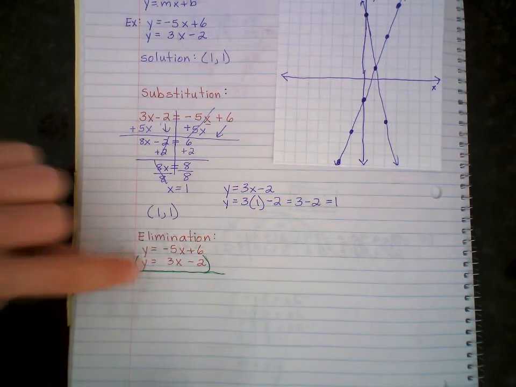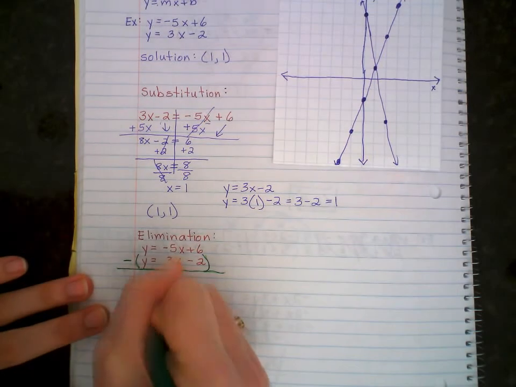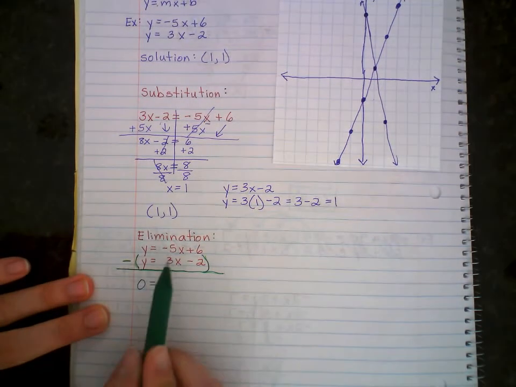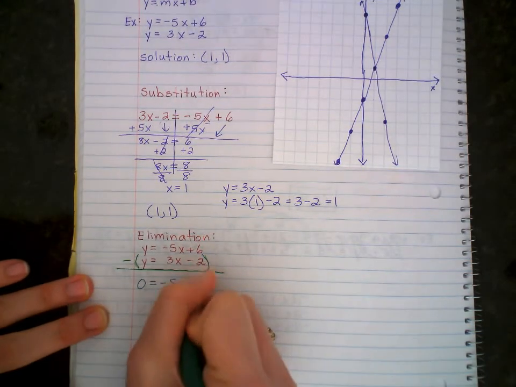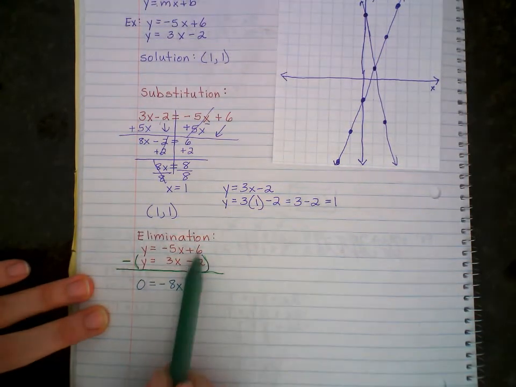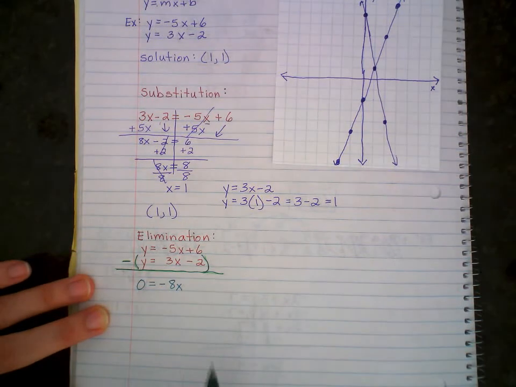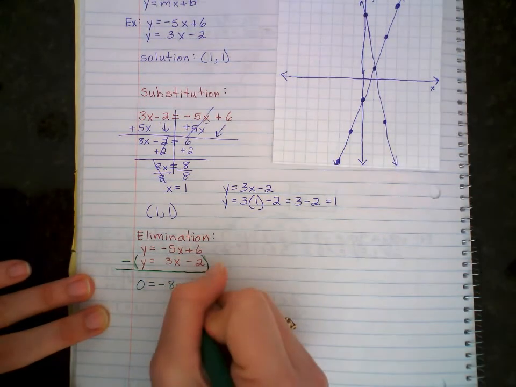So y minus y is 0, equal sign. Negative 5x minus 3x, negative 8x. 6 minus a negative 2. So 6 plus 2 is 8.